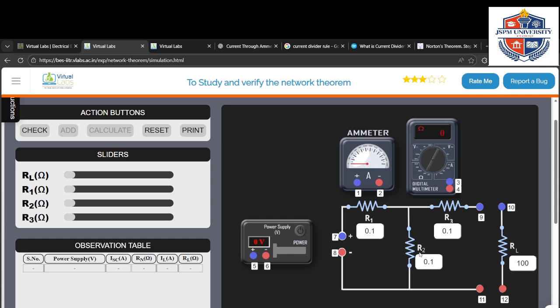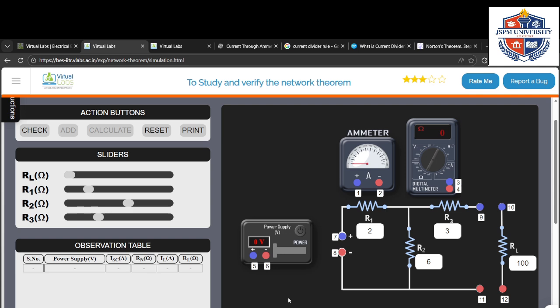So now I am fixing R1 as 2 ohm, R2 as 6 ohm, and R3 as 3 ohm.